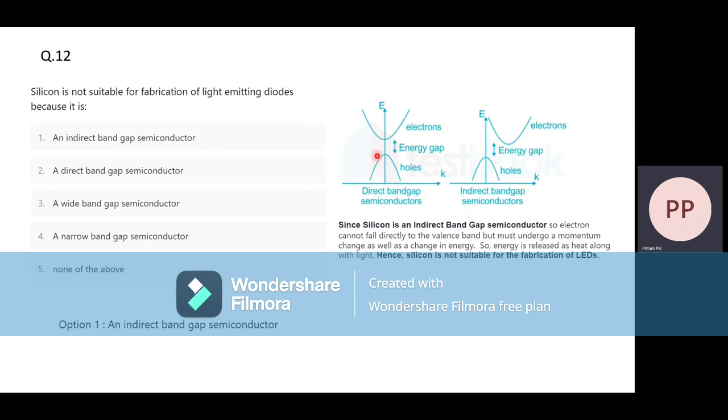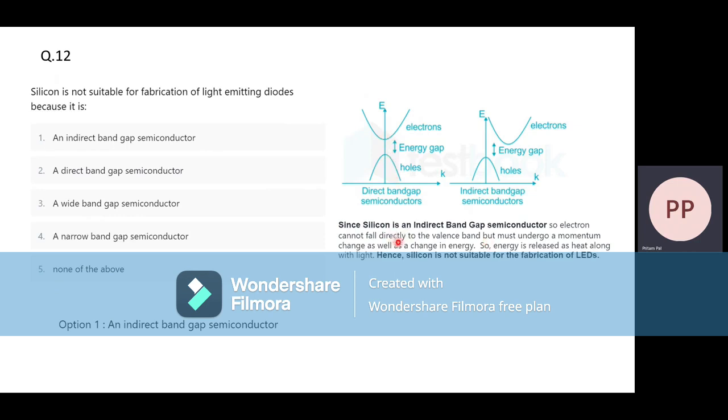So for a direct band gap semiconductor, what happens? The K points at the edge of the valence and conduction bands lie at the same K point, so there is no change in momentum. Energy is conserved and momentum is also conserved. This is happening at the same K point.